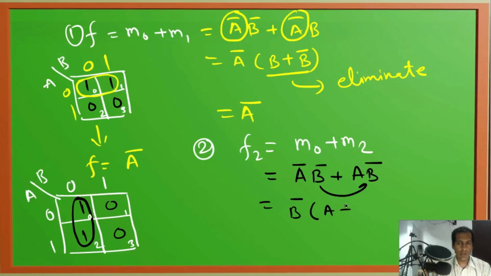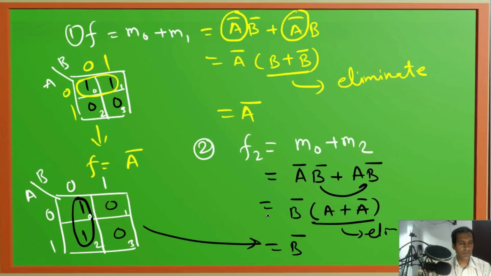Here we can write a plus a bar. So this term we can eliminate. So remaining will be b bar. So here in this box a is 0, b is 0, here a is 1, b is 0.